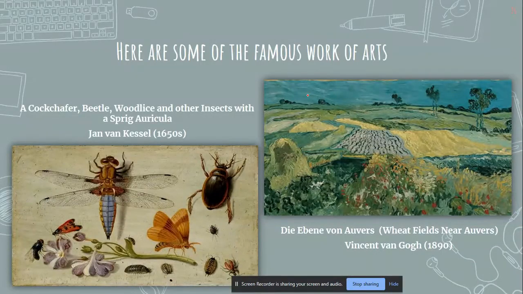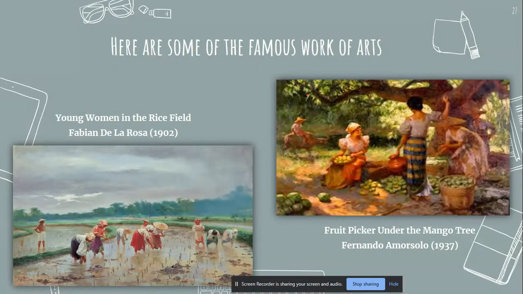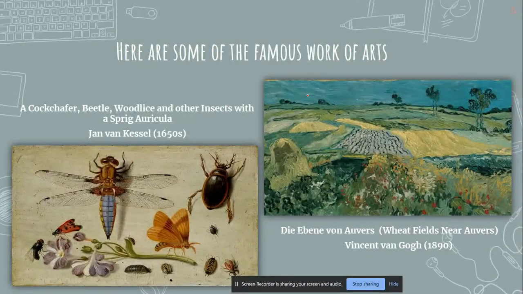All right. Now let's have some of the famous works of art. Just look at these paintings, these artworks. Okay, some of you may recognize some of these. Okay, this one. Oh, we have this one. This is very famous.